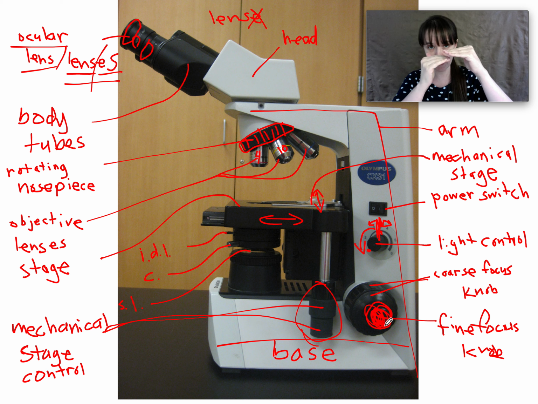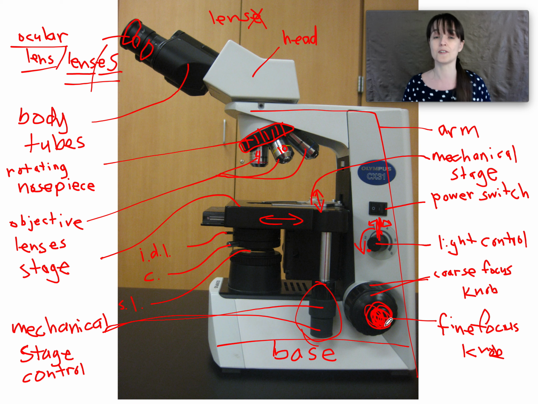In some cases, there's so little space between the objective lens and the slide that you can actually crack the slides. And the slides are glass, so they're fragile. In lab, the most dangerous thing we do is break the microscope slides. So you want the stage all the way down so that you have lots of room between the microscope slide and the objective lens to move the microscope slide around, put it in, and then take it out when you're done.